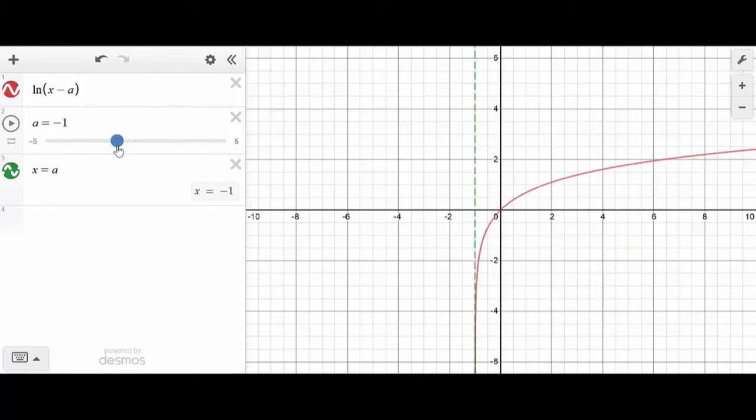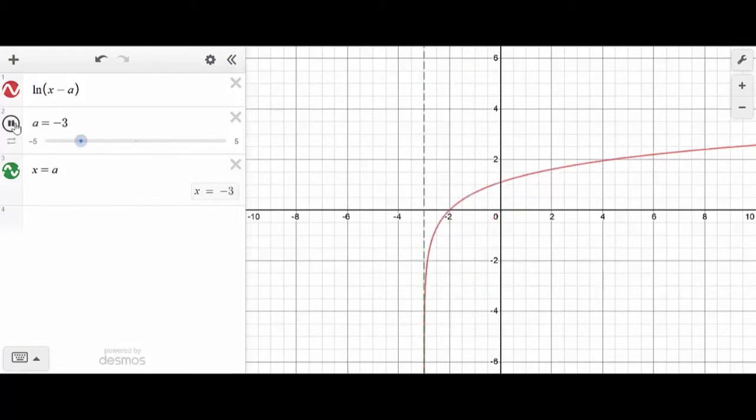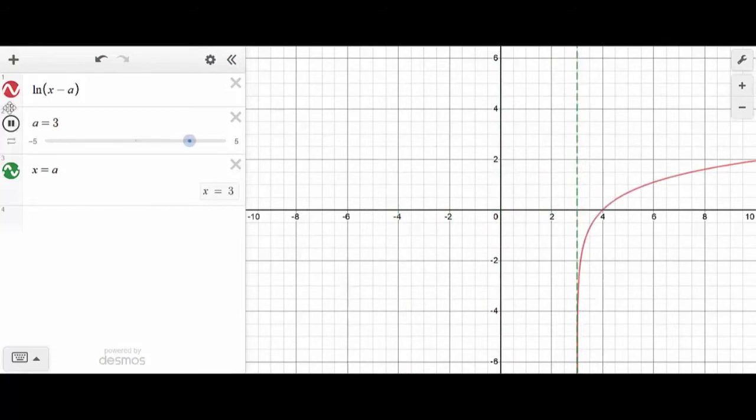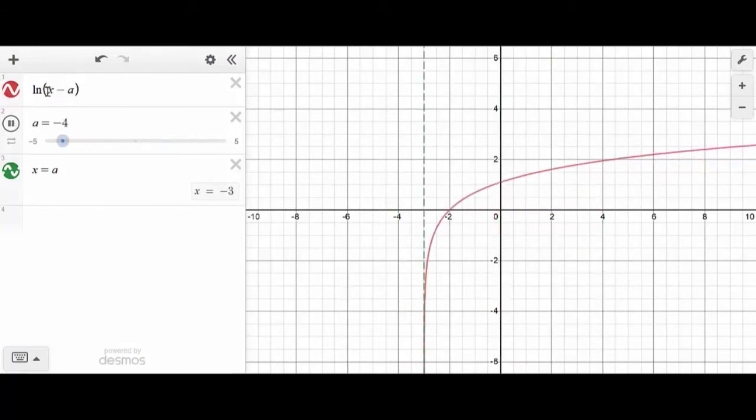What if a is negative 1? That would be x plus 1. Now the domain would be negative 1 to infinity. As we change a, the domain changes. In other words, the domain is dependent upon what's inside this log.